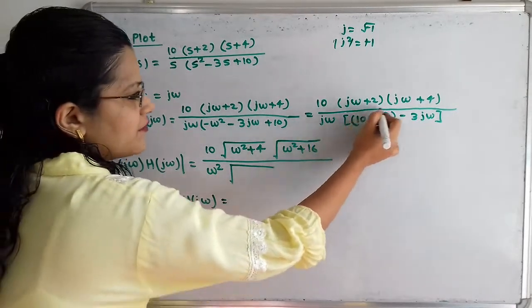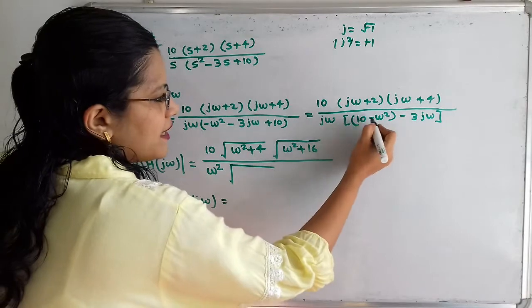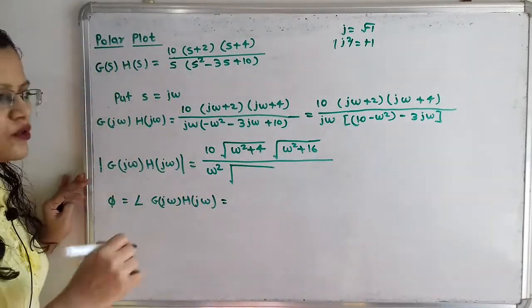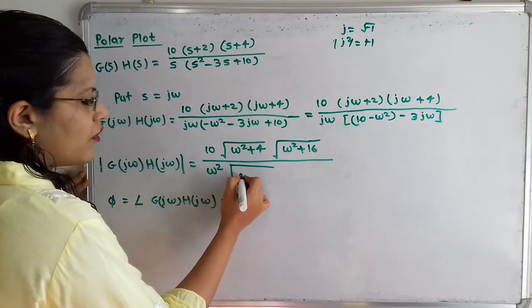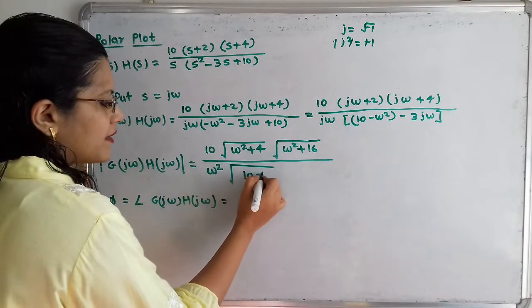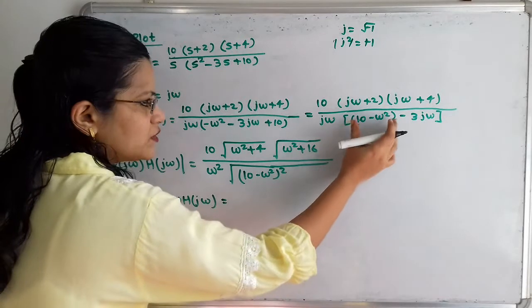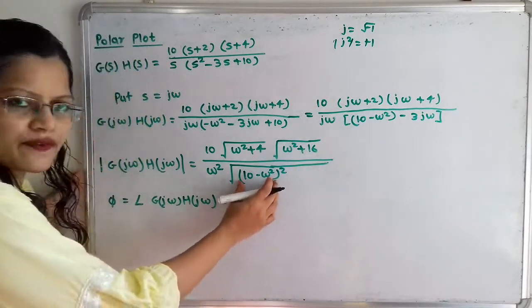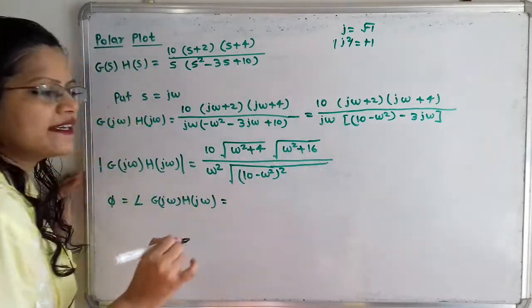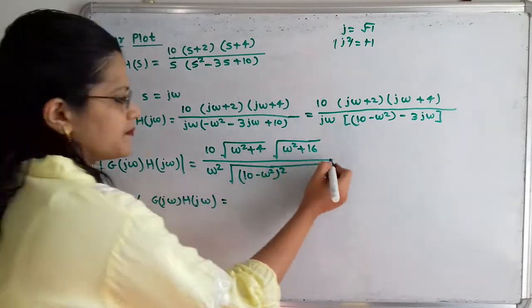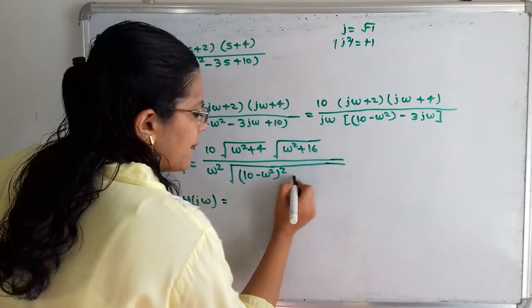Here if we observe 10 minus omega square, so I will take here square root of (10 minus omega square) bracket square, because this whole term we have to take square and write it inside the square root, minus.